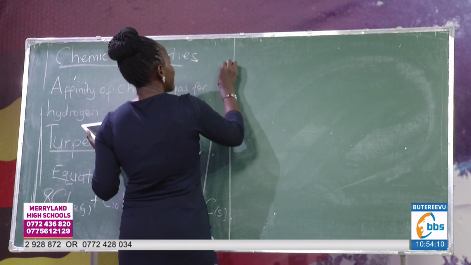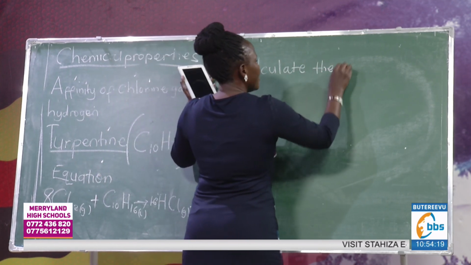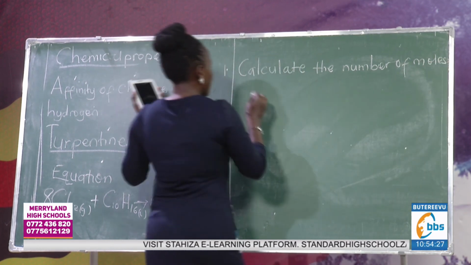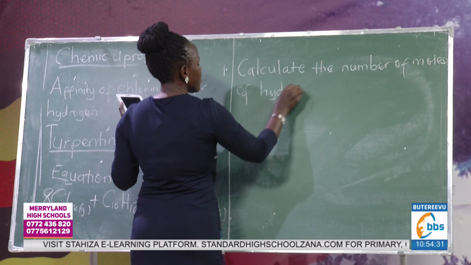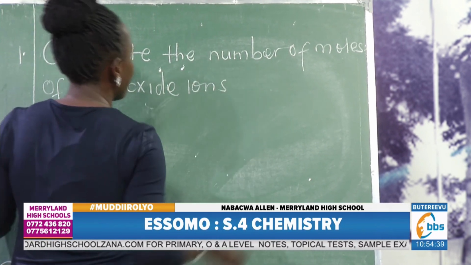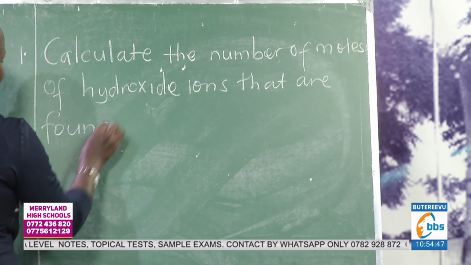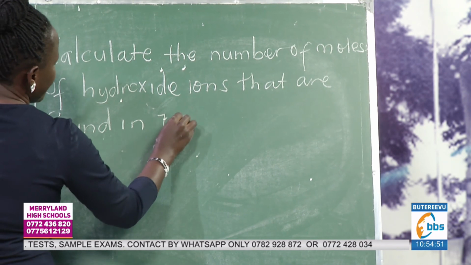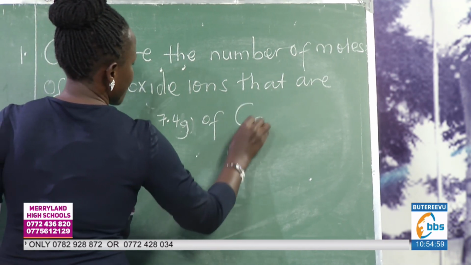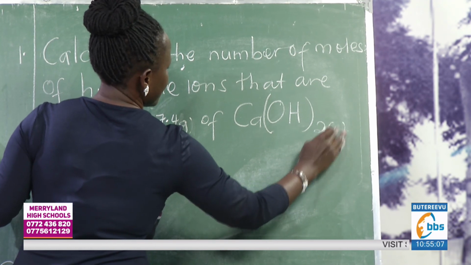So our question 1 is asking: calculate the number of moles of hydroxide ions that are found in 7.4 grams of calcium hydroxide solution.